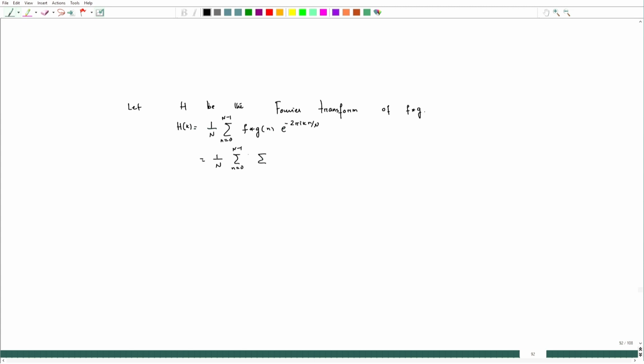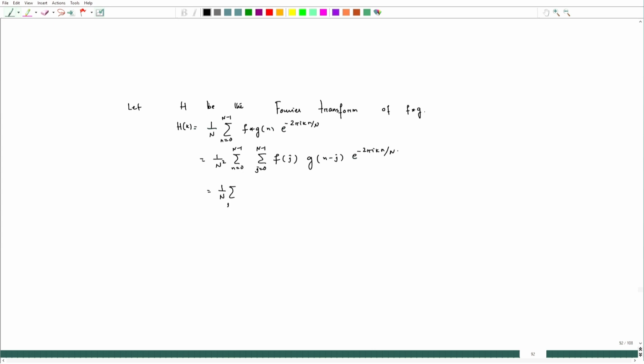This is equal to 1 by N square coming out, summation of f(j) g(n minus j) e to the power minus 2 pi i k n by N. Now, first I will do the n sum.